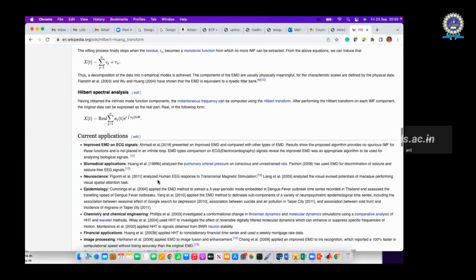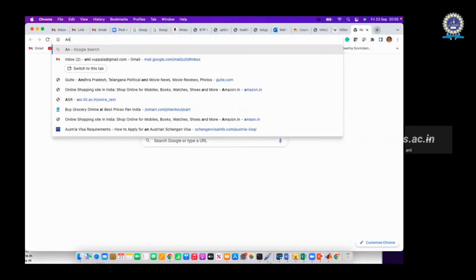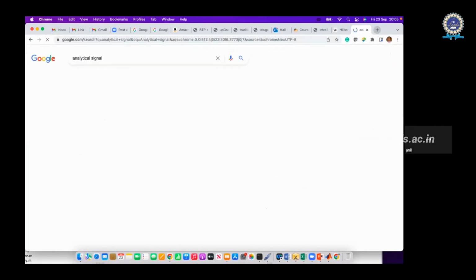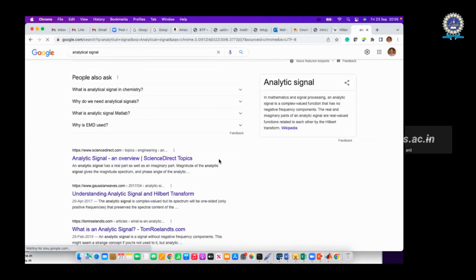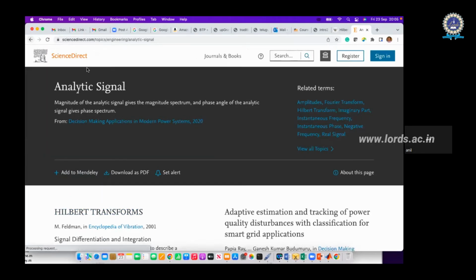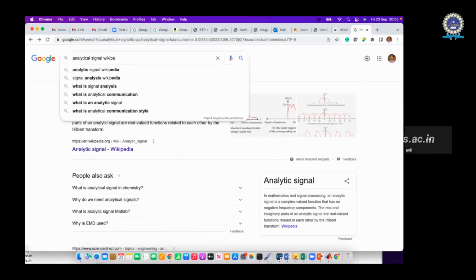So, how many of you have heard about the Hilbert transform? Anybody heard about the Hilbert transform? I think it is going above your head.